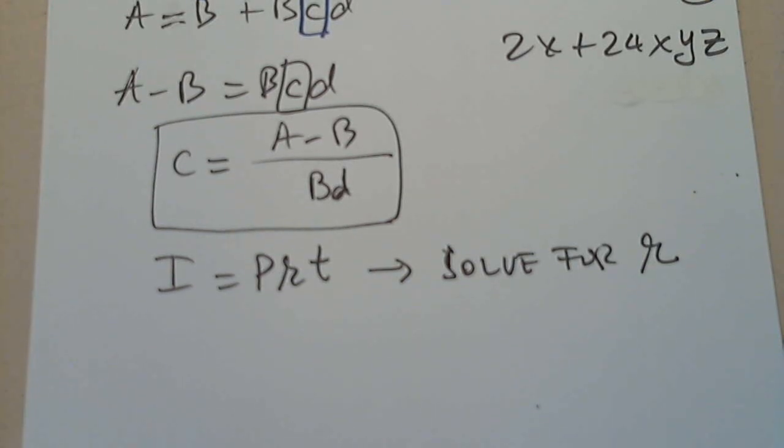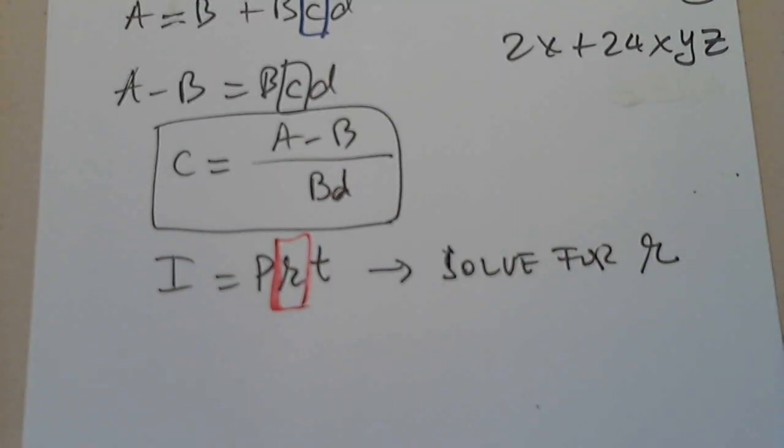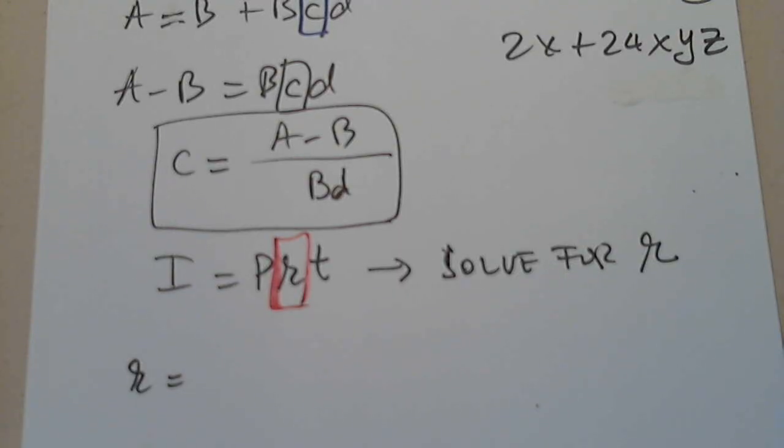So the variable is r in this case. So r equals I divided by PT. Absolutely.